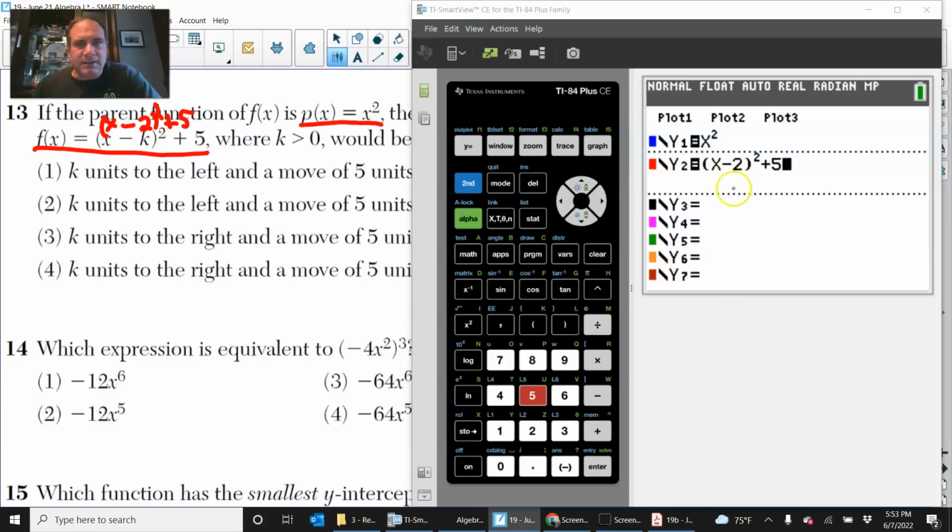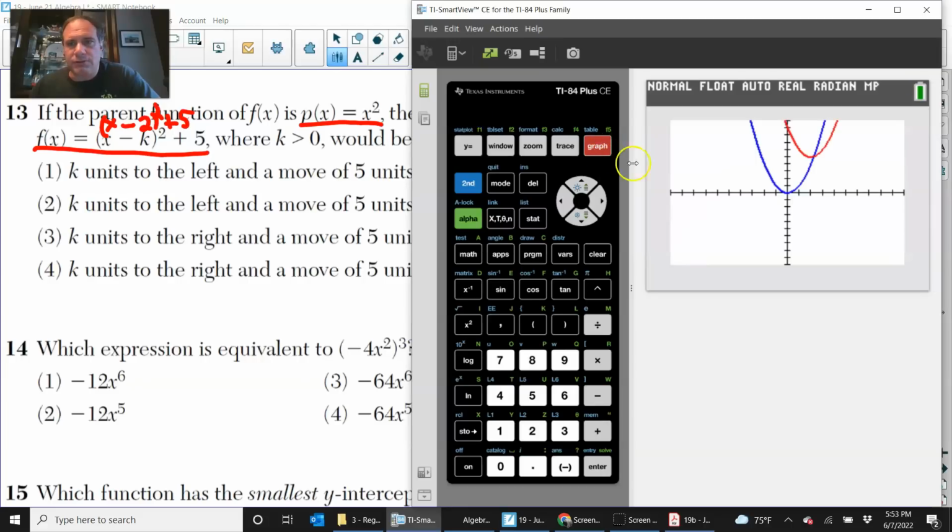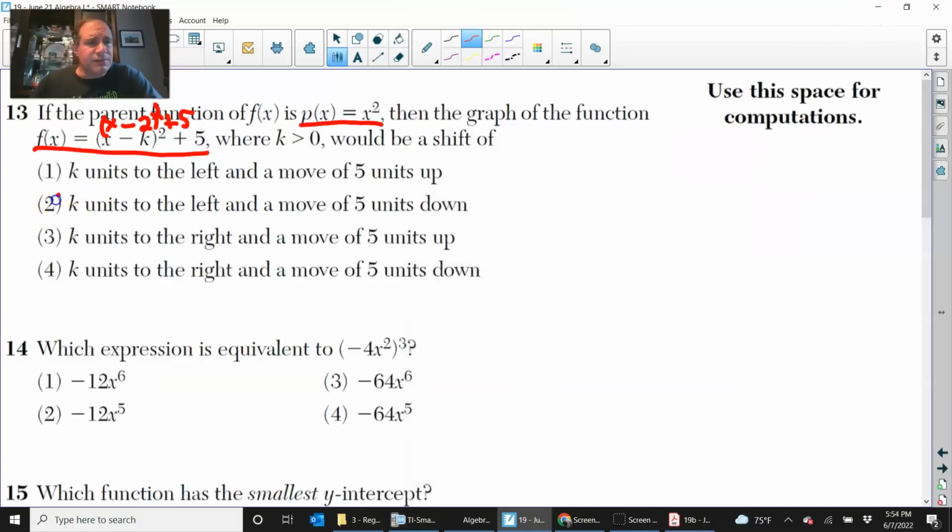So I'm going to see where it takes the graph according to what the parent function is. So how much did it move to the right? And then how much did it move up? So basically it did not move to the left. We're out with those. It moved k units to the right, k units to the right. Did it move down?